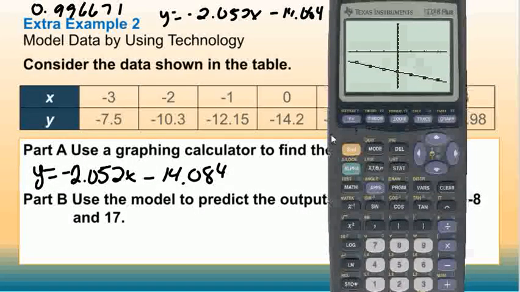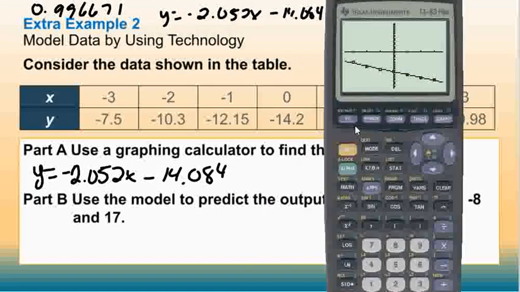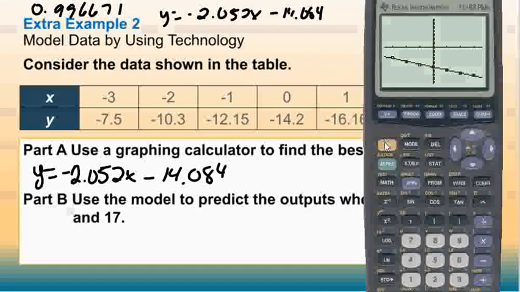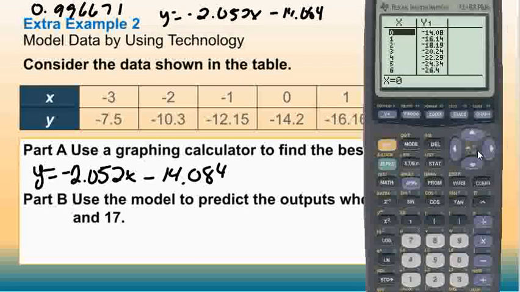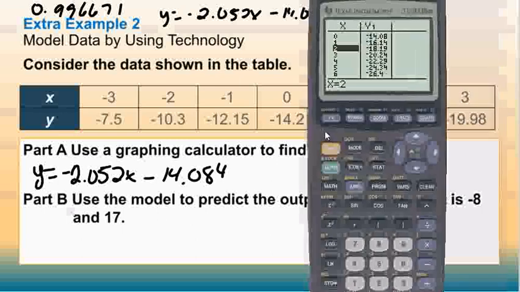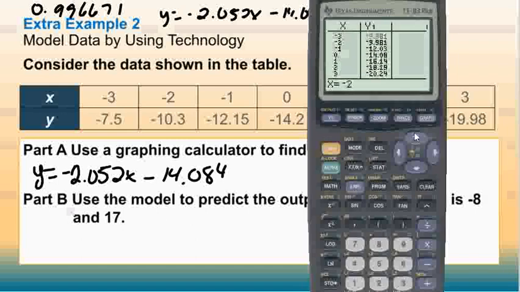Now we want to do the predictions when we have negative 8 and 17. So if I go second, trace, if I go to negative 8 would be 2.33.